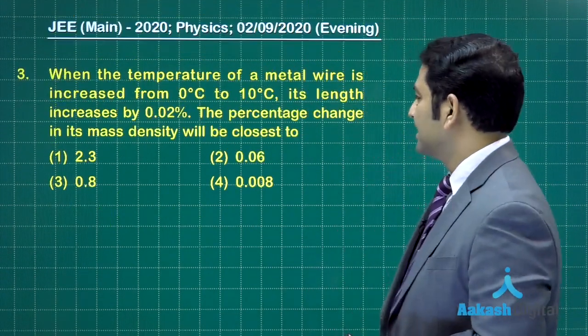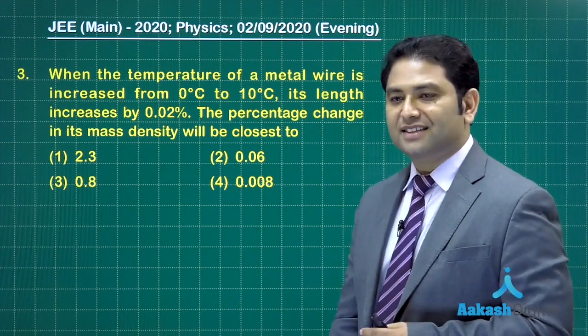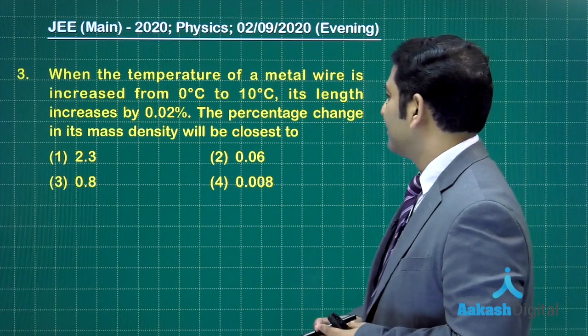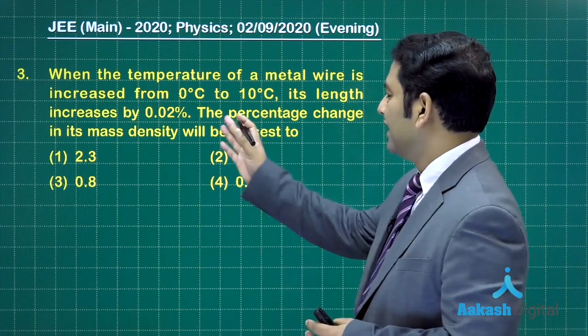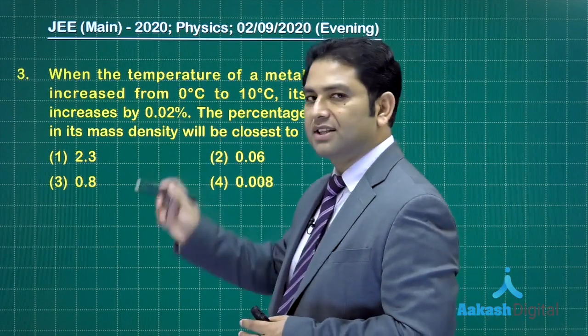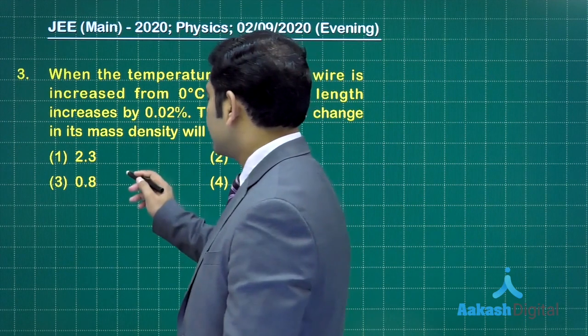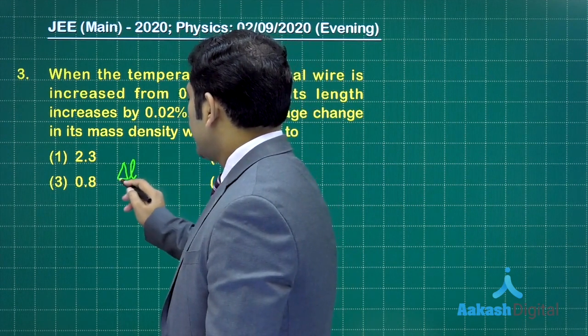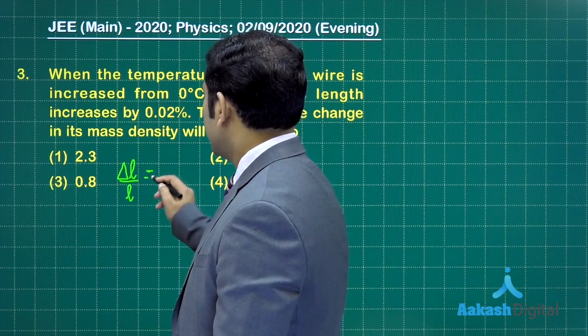The third question is something like this, related to thermal expansion. When the temperature of a metal is increased from 0 to 10 degree, the length increases by this much. So what is 0.02%? That is, of course, the change in length, the percentage change.